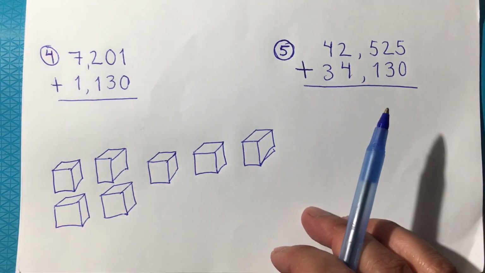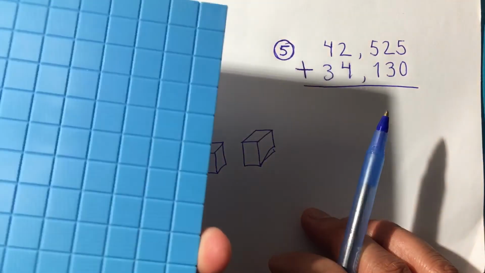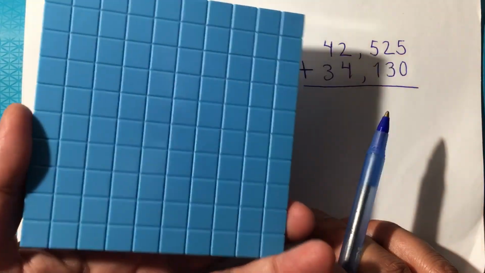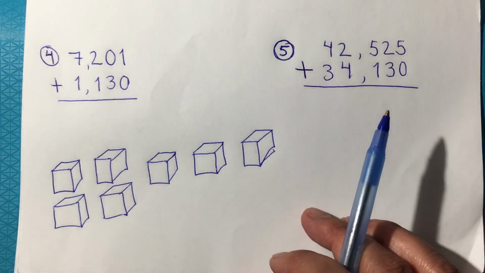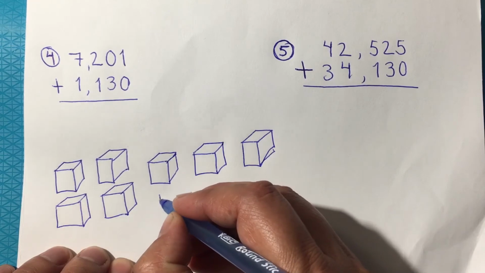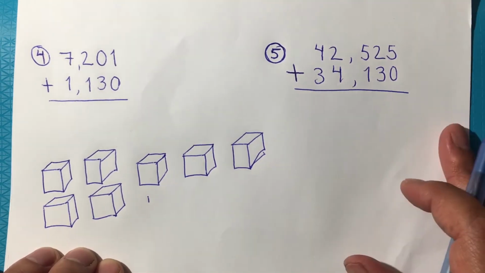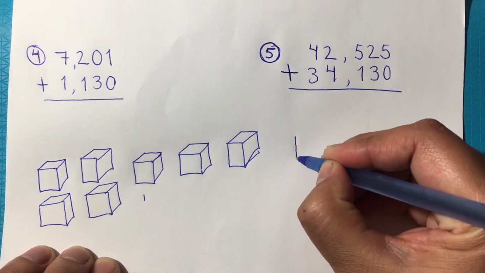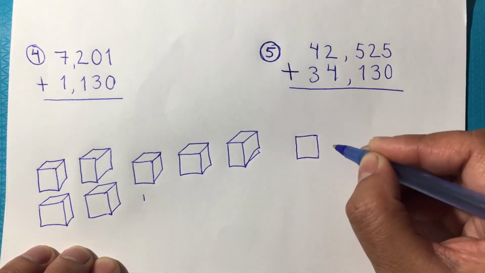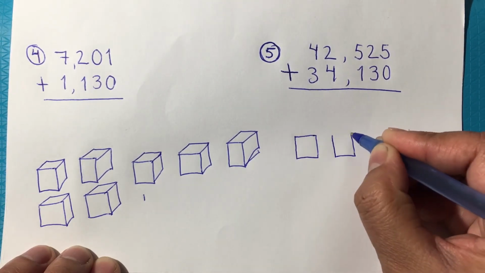The 200, you have a square of this. This is 100. So 200 will be just 2 squares. And even though it's not for this one, I'm going to draw them on this side. So 100 and 200.